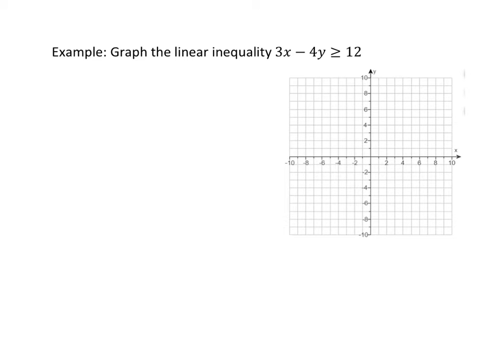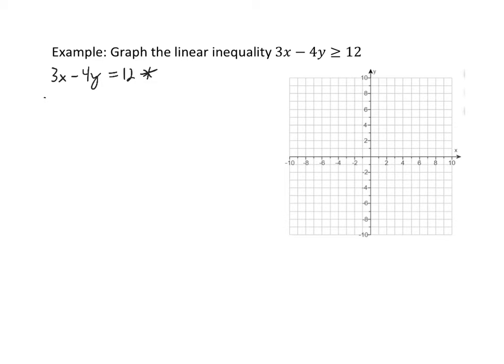For example, we're going to graph the linear inequality 3x minus 4y is greater than or equal to 12. We're going to start this by graphing that line as if it was 3x minus 4y equals 12. So I'm just treating that first as if it was an equal sign. So I would use the intercept method here because that's in standard form.